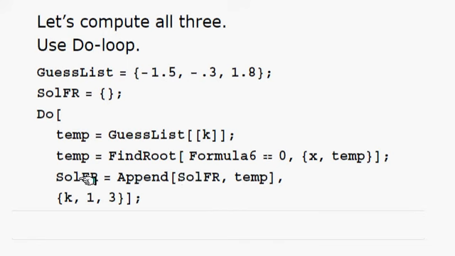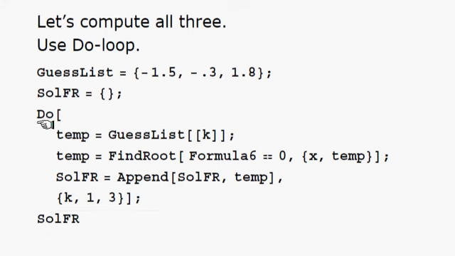At this stage, this solFR will have 1 element in there in the substitution form. You go back here and repeat this procedure again, this time with k equals 2. When k equals 2, this picks up the second element in the list, which is negative 0.3, and repeats exactly the same procedure, and then appends that solution to this list, solFR.